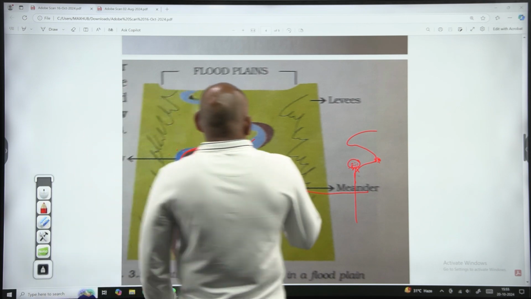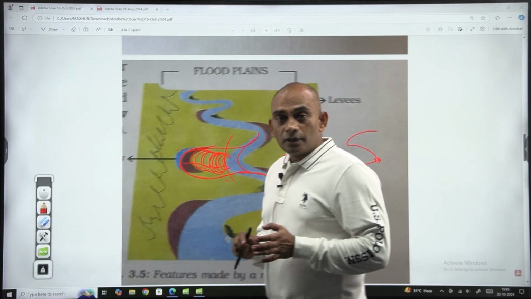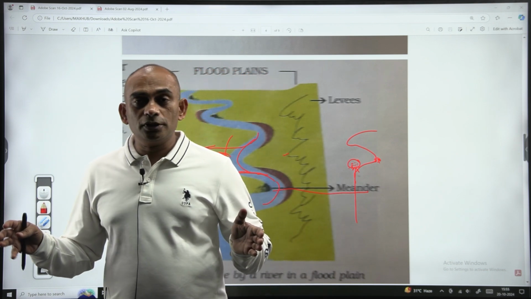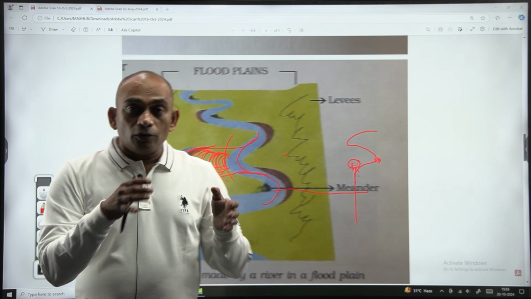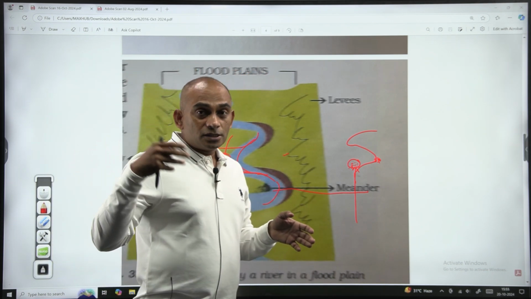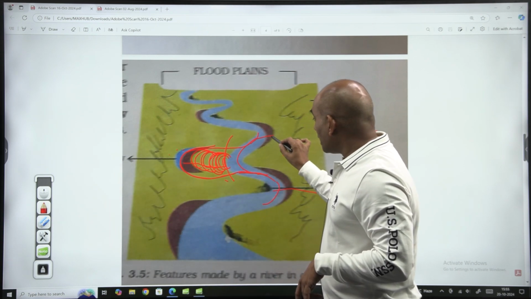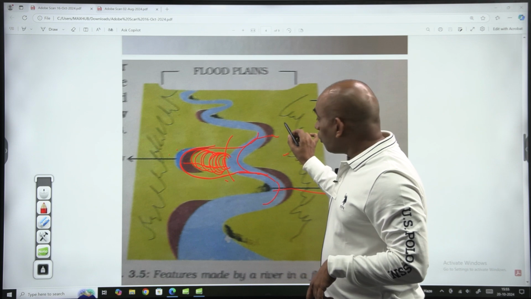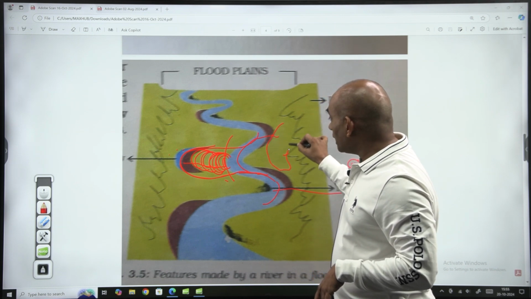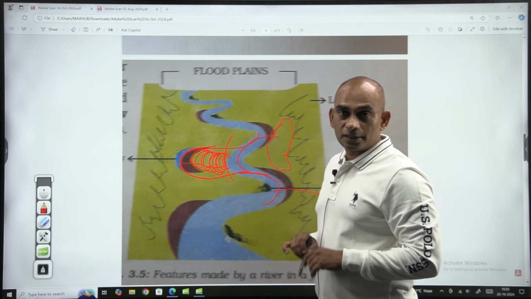And when this river carries a huge amount of water, generally the water overflows its banks. So when it overflows its banks, naturally this water floods the nearby neighboring areas.